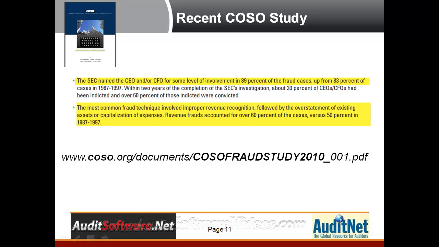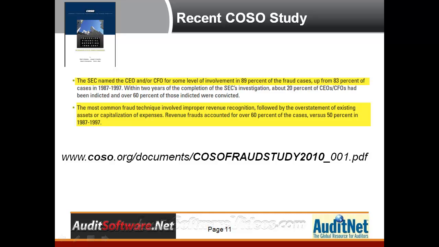Taking a look at a recent COSO study as well, this just came out in 2010, and I put that link there, which I did get off of Google, but it should get you to what you need. It's a PDF document, and I highlighted a couple of things. First off, when it is a financial statement fraud, it tends to be that the CEO or CFO had some involvement, 89% of the cases during that time frame, I think it was 1998 to 2010, which is upwards from what it was from 87 to 97.